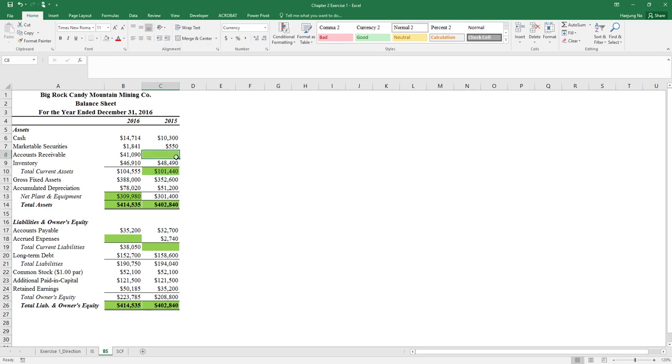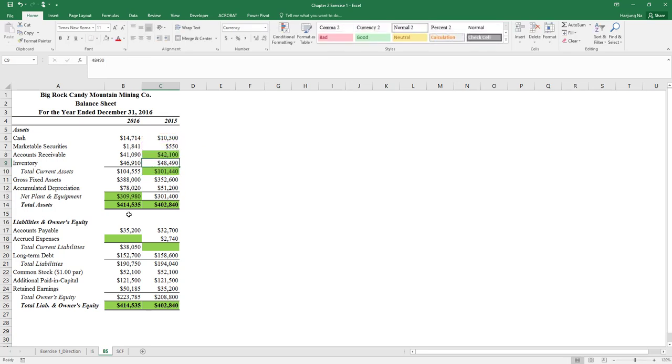And then going to the top to figure out the individual item, it would be total current assets minus cash minus marketable securities minus inventory, and that will be the accounts receivable amount.